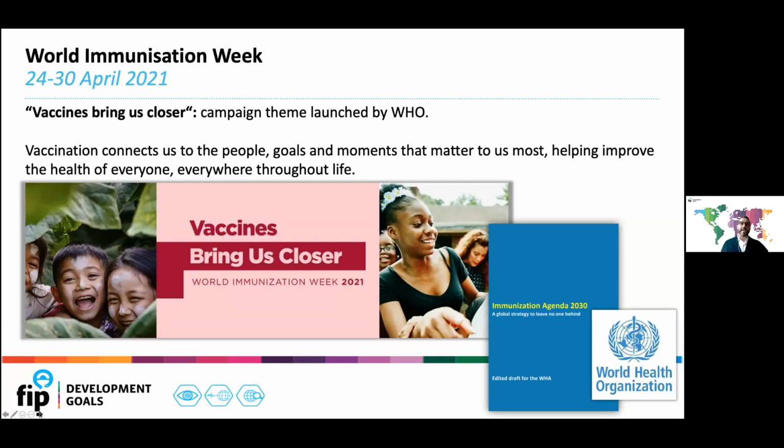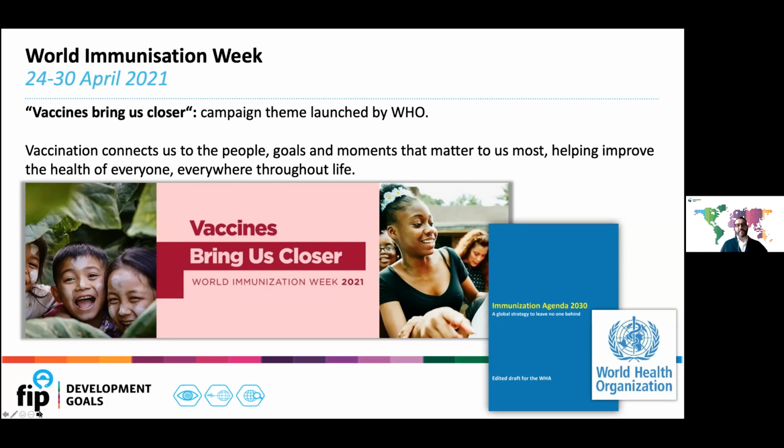So this year, this is the theme, and we align with this campaign by organizing this event and other activities throughout the week. Also, you may know that in December 2020, WHO launched the Immunization Agenda 2030, which sets the global strategy for the next decade in terms of goals in vaccination.